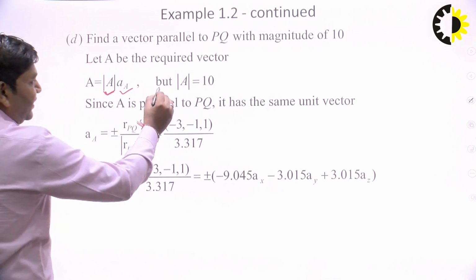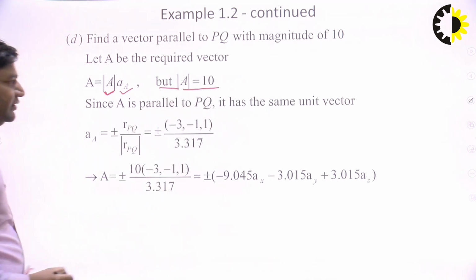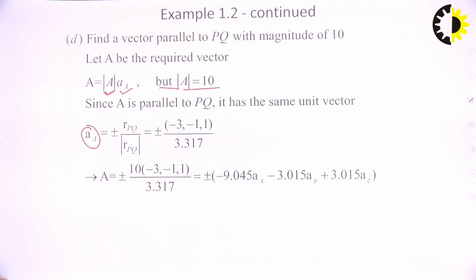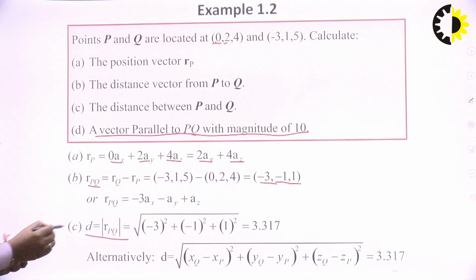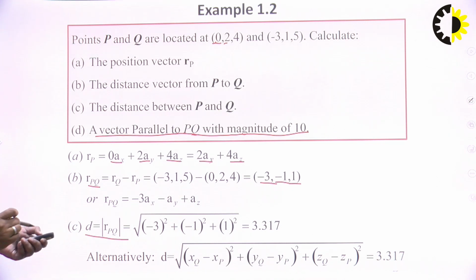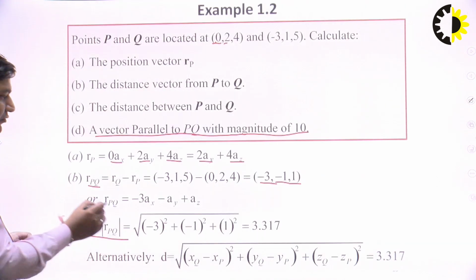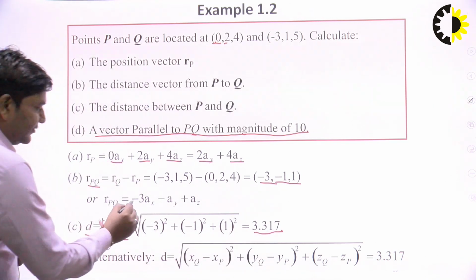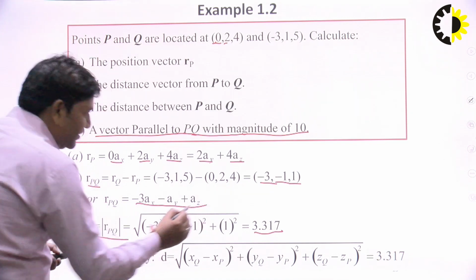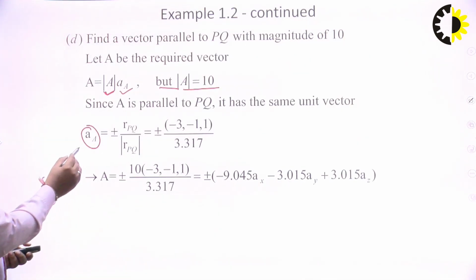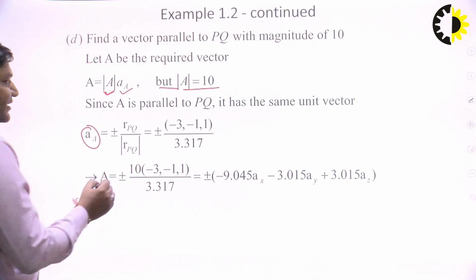The magnitude of A is 10, so we calculate the unit vector of this distance vector using the formula RPQ upon mod of RPQ. The mod of RPQ we calculated as 3.317, and the RPQ vector is minus 3ax minus ay plus az.